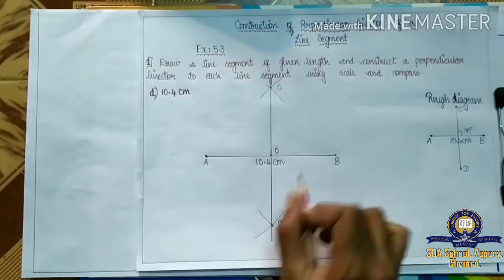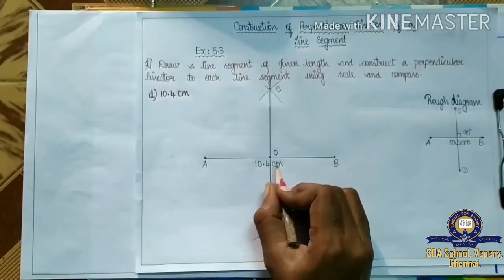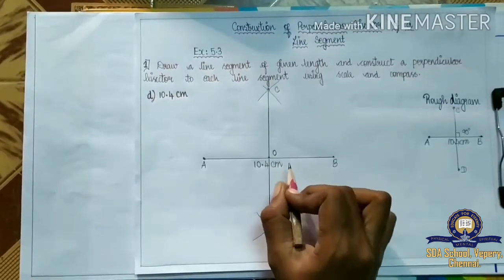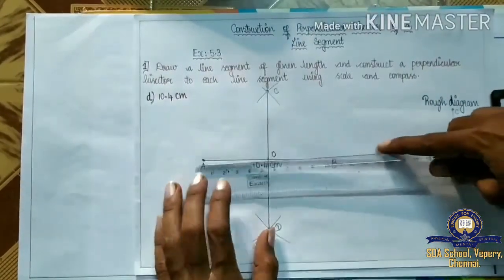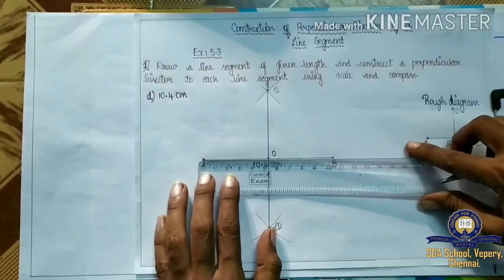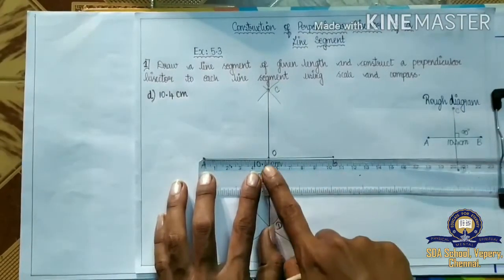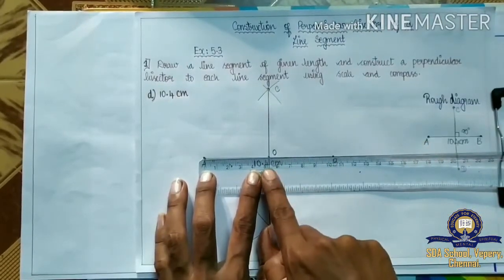We want to check whether they are equal. For that, 10.4 centimeters divided by 2, what will we get? Yes, 5.2. Now we will check using the scale whether it is 5.2 or not. See, it is 5.2.